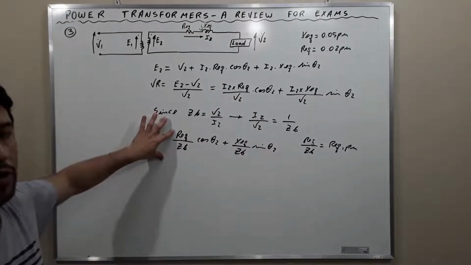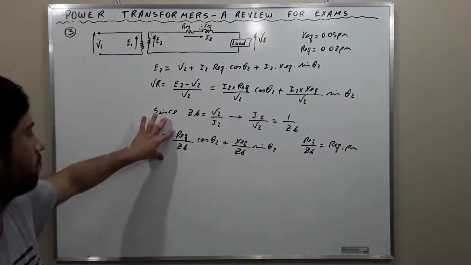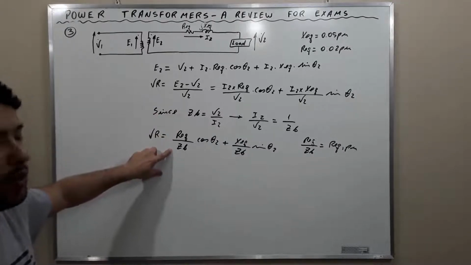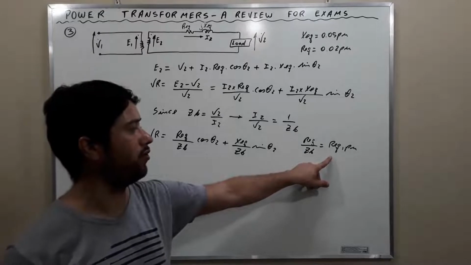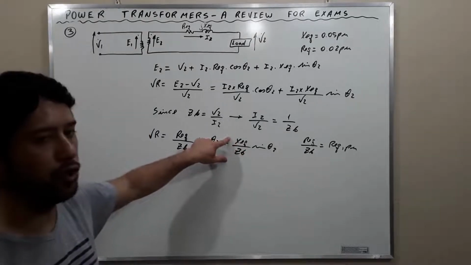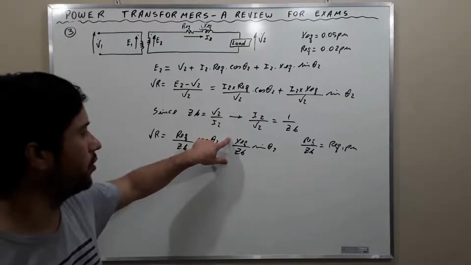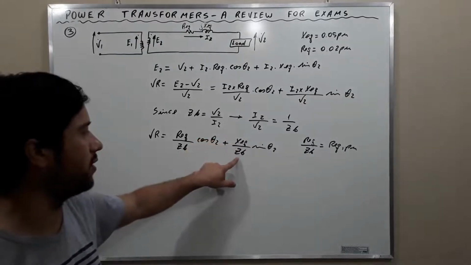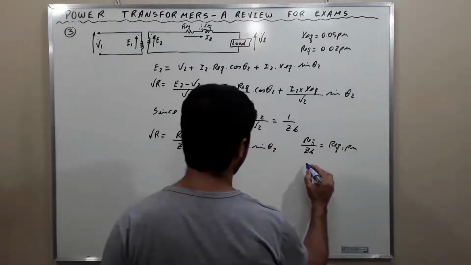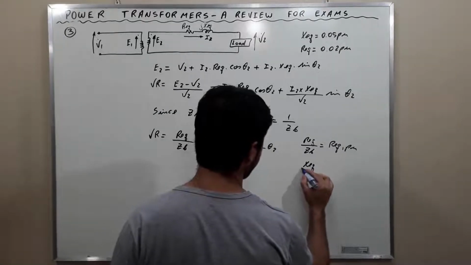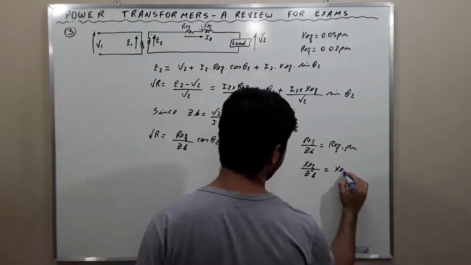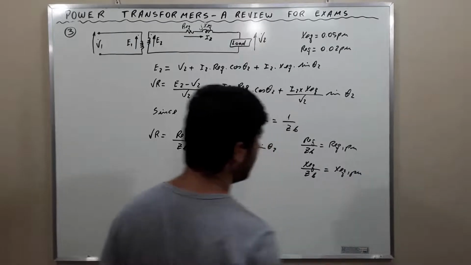The actual value of the equivalent resistance divided by the base impedance is the equivalent resistance in per unit. And the actual value of the equivalent reactance divided by the base impedance is the equivalent reactance in per unit. Alright?